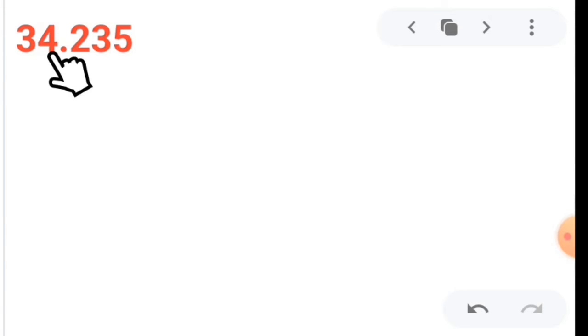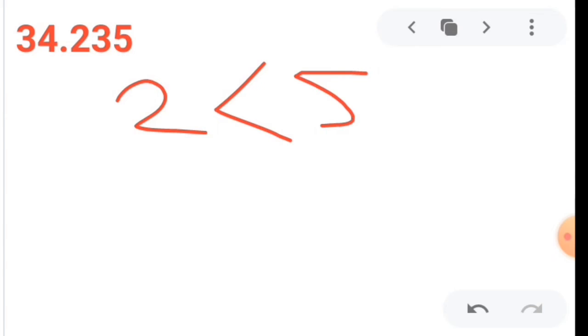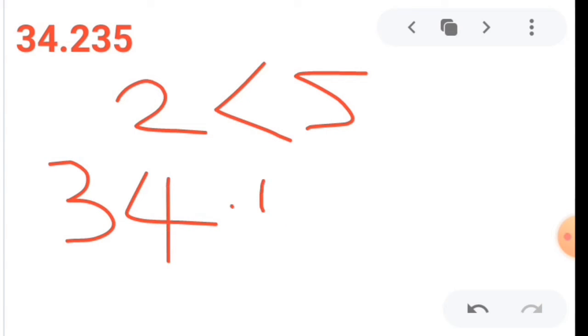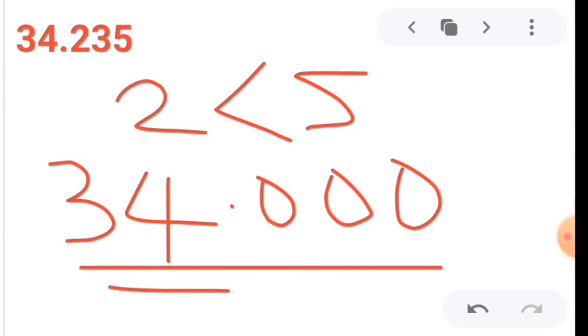Now the number after the decimal point is 2, and we said that to round numbers, we look at the number just after the number we want to round. Now 2 is less than 5. Because 2 is less than 5, we round down. So 34.235 becomes 34.000. We have rounded down.